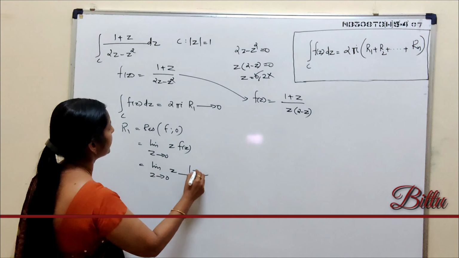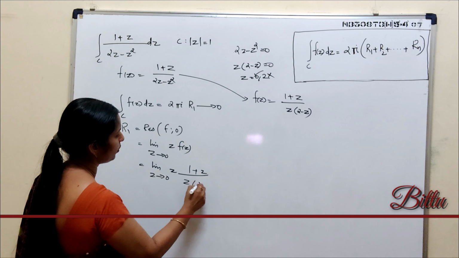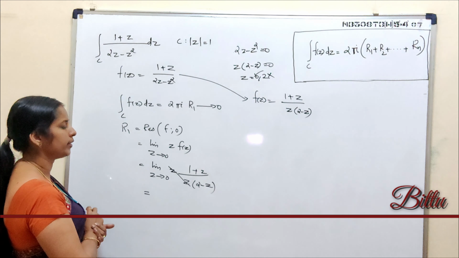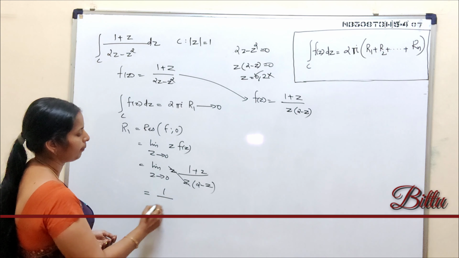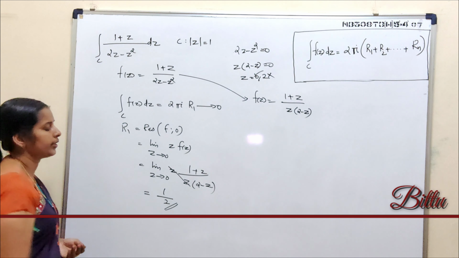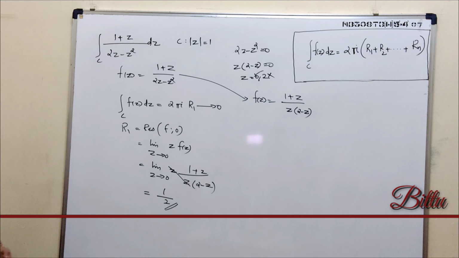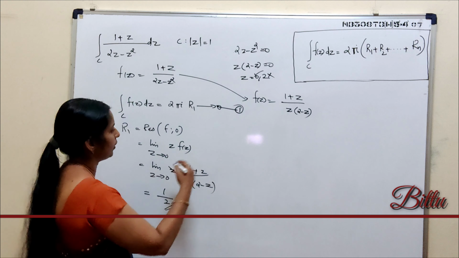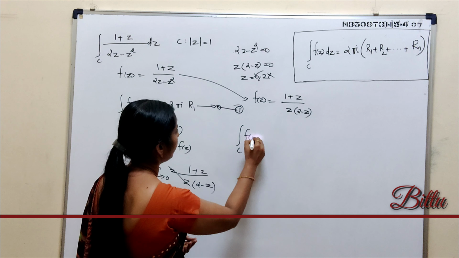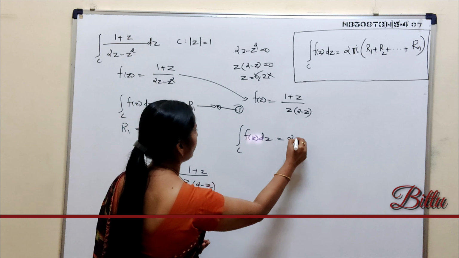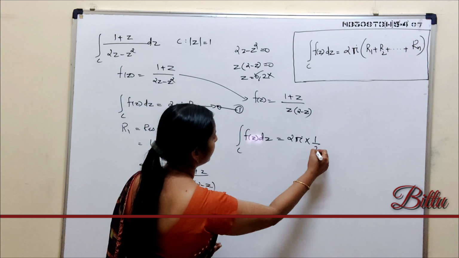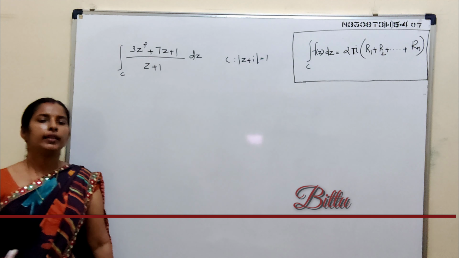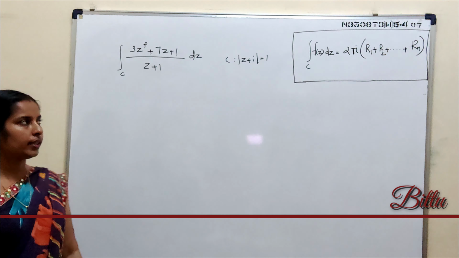The z will cancel each other. Here you put z equal to 0: 1 by 2. So the residue is half. You put it in equation number 1. So the integral over C of f(z) dz is 2 pi i into half. So the answer is i pi.